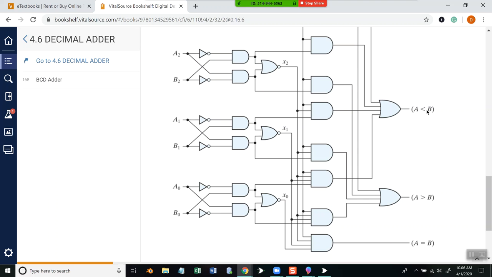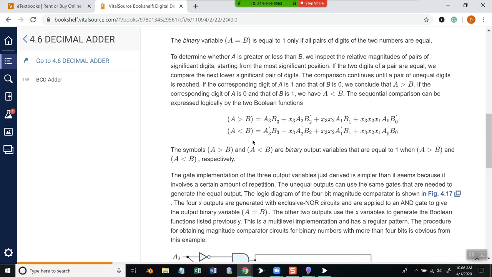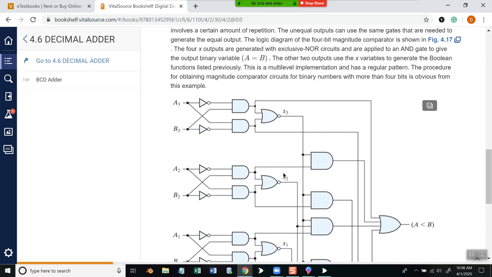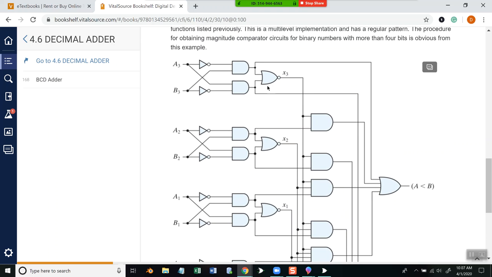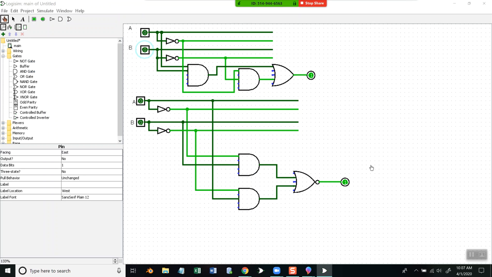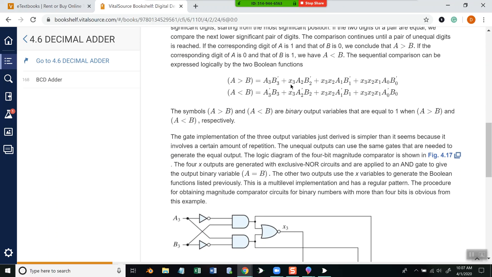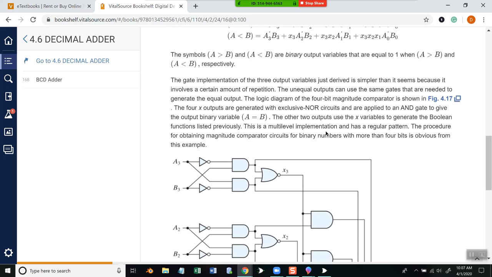Okay, so then for the less than case, what they're implementing is this right here, A prime B. That's coming off this line right here, so that's A prime B. And plus x3 A2 B2 prime x3.